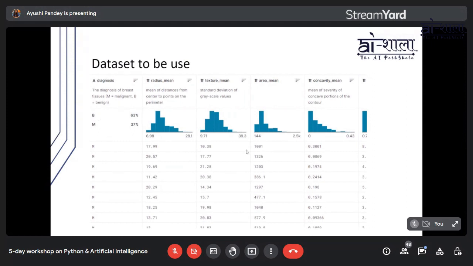I have a data set which is not an image but in tabular form, and I want to make a system, an app, to help doctors so that they can diagnose fast and cater to many patients.